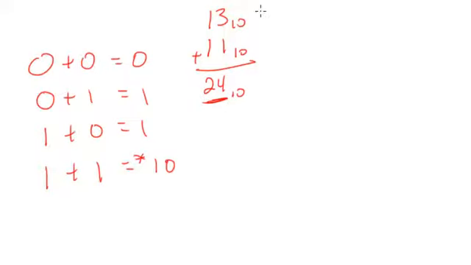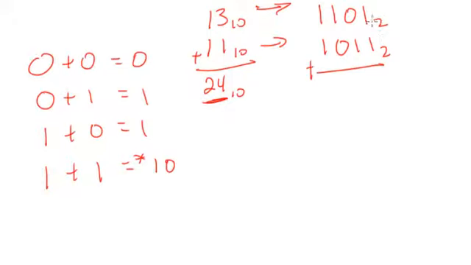Let's go ahead and convert these numbers to their binary equivalents. So in binary it is, let's see, 8 and 4 and 1, that's 13, and 8 and 2 and 1 for 11. And we want to add these together. So now we're in our first column, 1 plus 1.